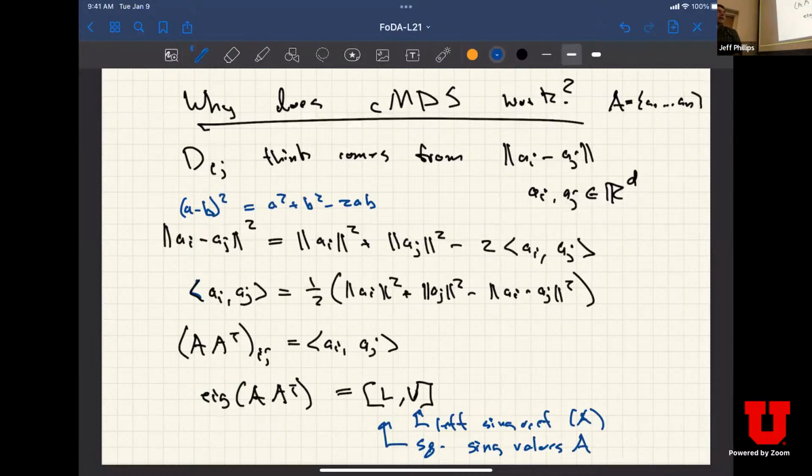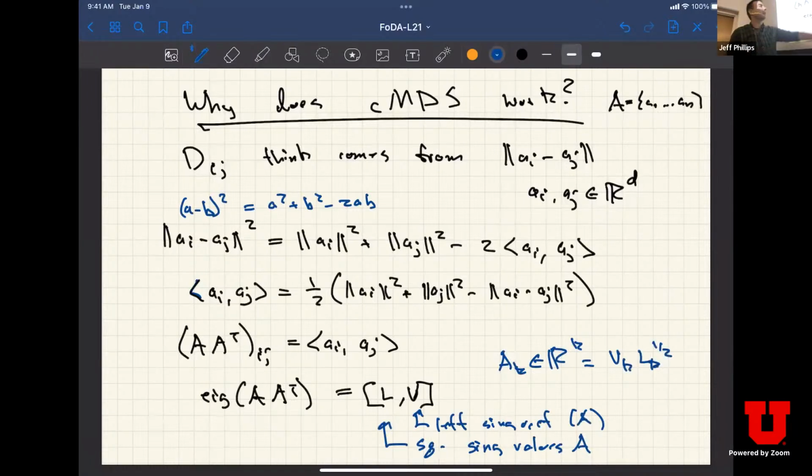And then if I take these components along V, the top K components, those give me coordinates for the n different vectors, scaled by the square root to get the singular values. That basically allows me to recover the best rank K approximation of A. So a_i in R^K I can write down as V_K times L_K to the 1/2.